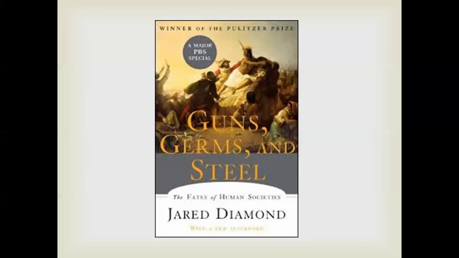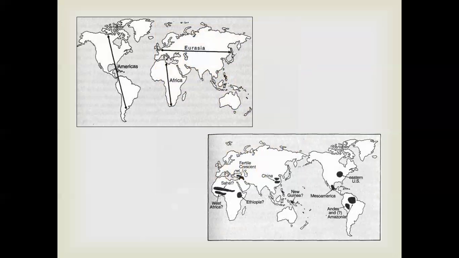geographic determinism, which has a history of being associated with overly racist connotations, although Jared Diamond was accused of this initially. But a deeper reading of the book reveals that what Diamond was getting at was that there are certain geographic factors. If you take a look at these two maps, first on the upper left, the orientation of a continent.